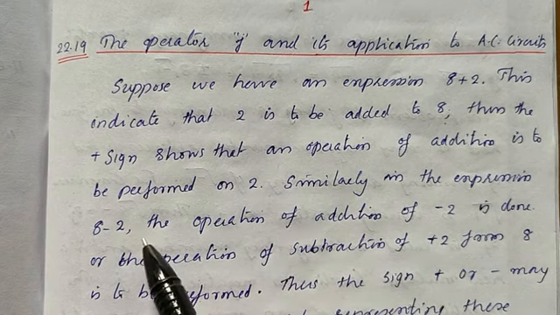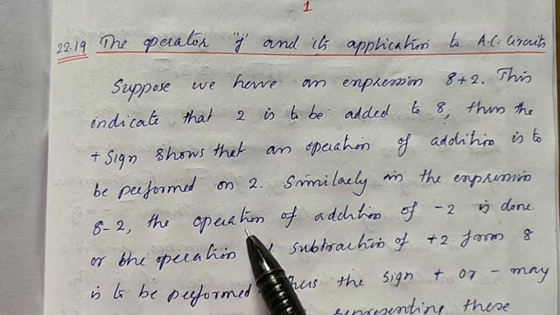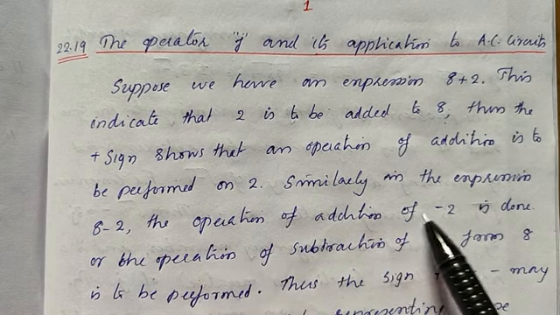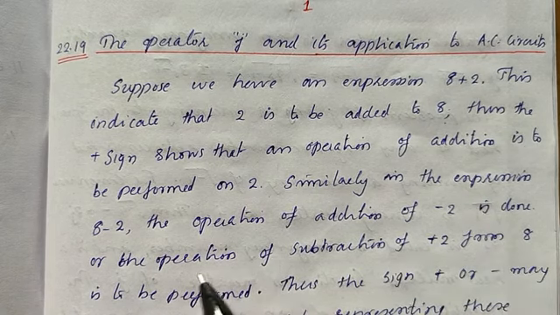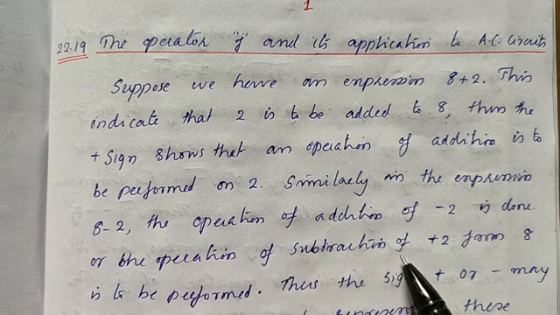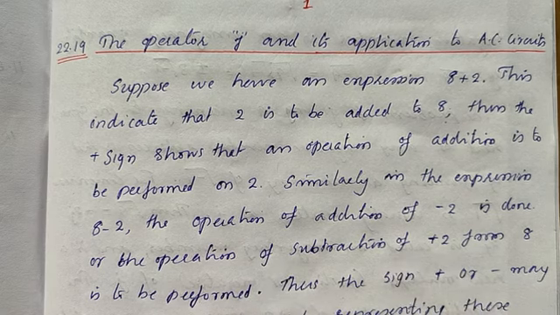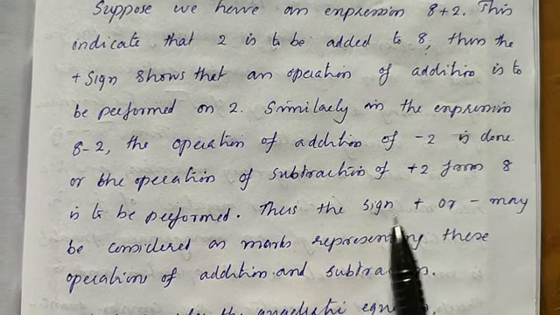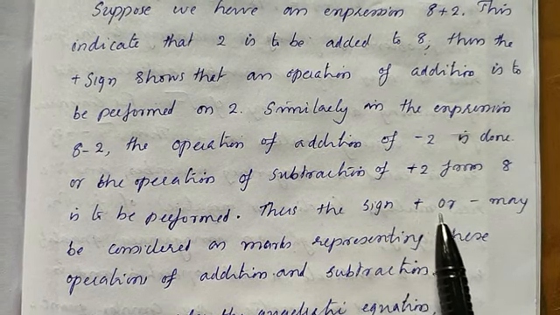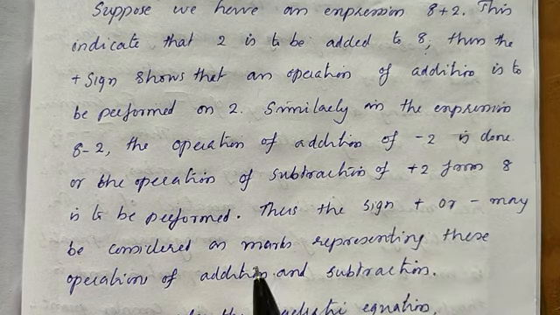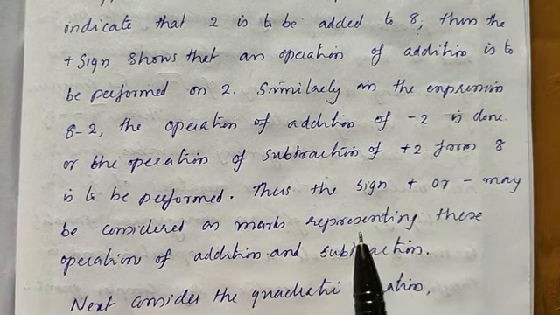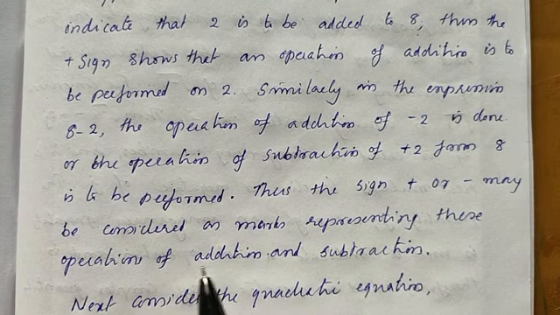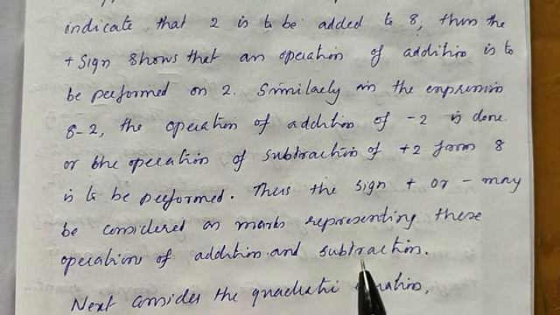Similarly, in the expression 8 minus 2, the operation of addition of minus 2 is done, or the operation of subtraction of plus 2 from 8 is to be performed. The sign plus or minus may be considered as marks representing these operations of addition and subtraction.